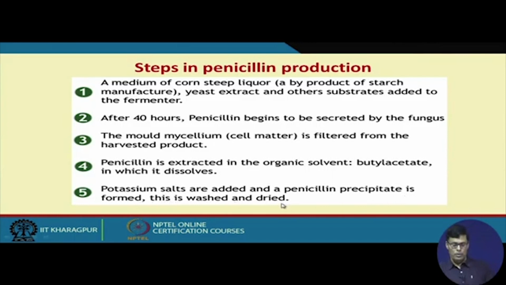Let me tell you how it really happens. Fermentation takes about 5 to 6 days. After the fermentation is over, we take out the fermentation broth and separate out the cells using the rotary vacuum filter. The filtrate contains the penicillin, so penicillin is recovered by the solvent extraction process, and the solvent we use is butyl acetate.